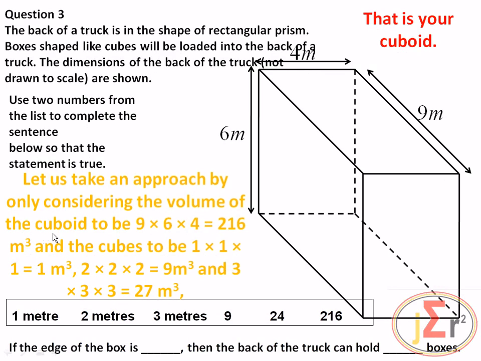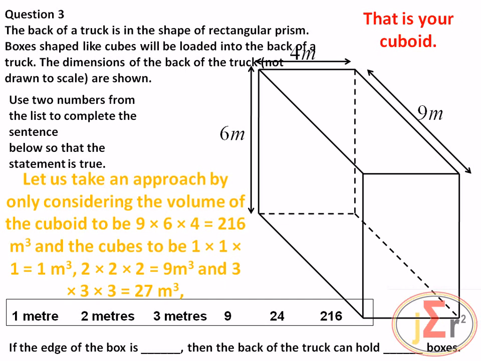So let us take an approach by only, and we are stressing only in this particular case, considering the volume of the cuboid to be 9 by 6 by 4, which is equal to 216 cubic meters, and the cubes to be 1 by 1 by 1, which will be 1 cubic meter.